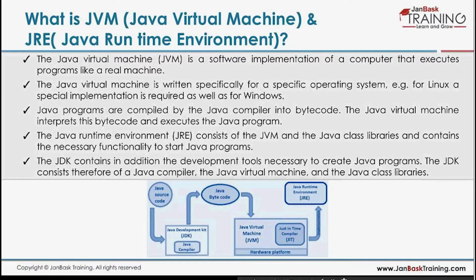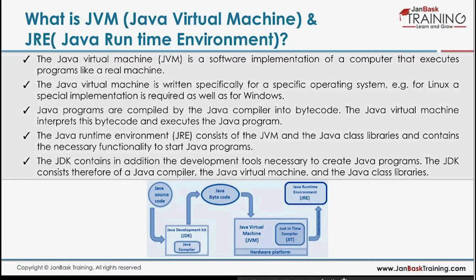Java programs are compiled by the Java compiler into bytecode, and the Java virtual machine interprets this bytecode and executes the Java program. We have already discussed this a lot of times. There is one key part to be aware of: if you don't want to write software, you can just run a Java program using the JRE.